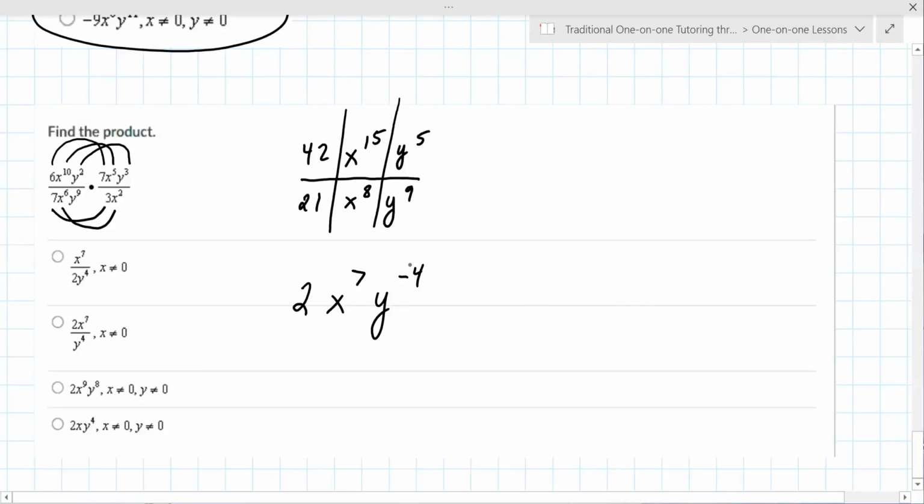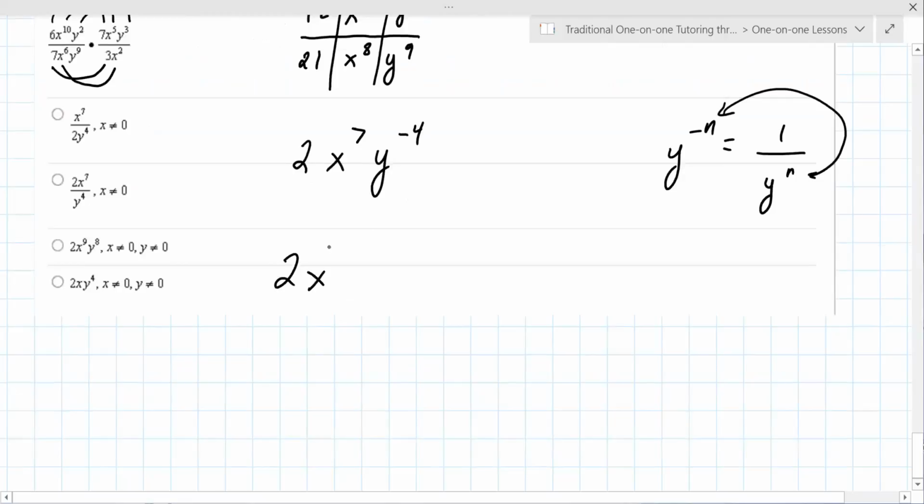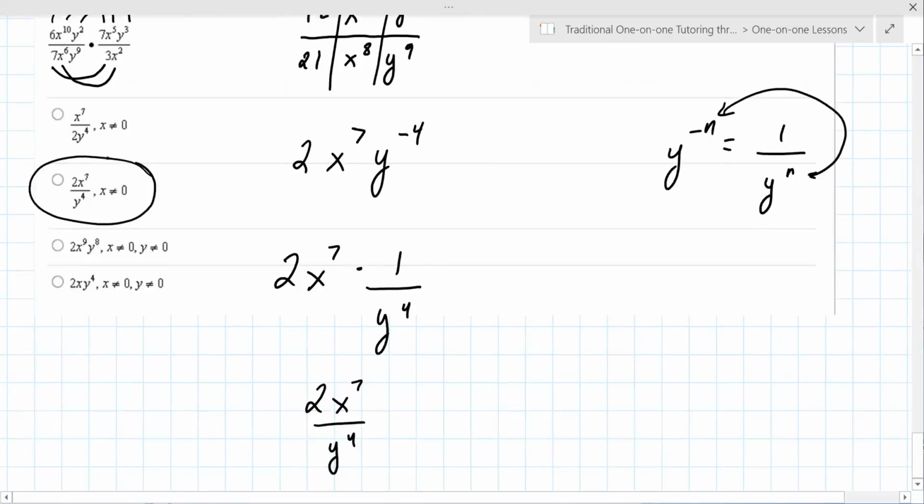If you have a number to a negative exponent like this, it equals 1 over the same letter to the positive exponent. See how these are just switched in sign? So this is 2x to the 7th times 1 over y to the 4th, and that becomes 2x to the 7th over y to the 4th. So it looks like we're down to this one here.